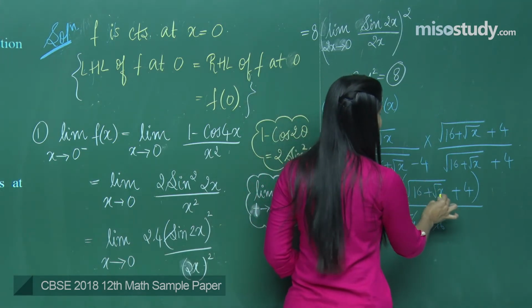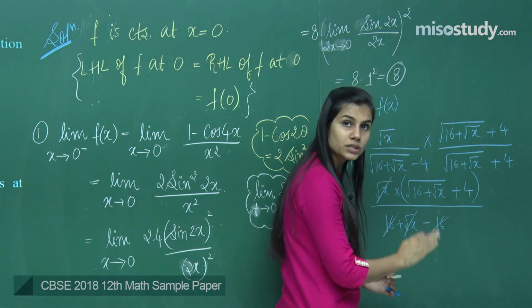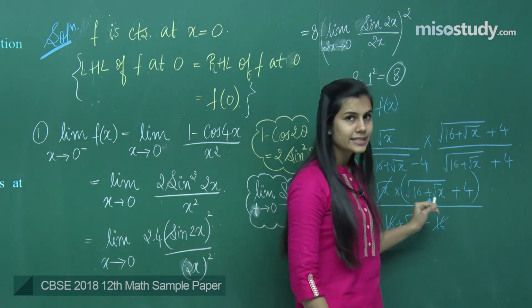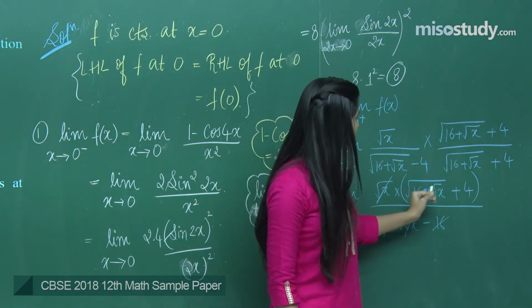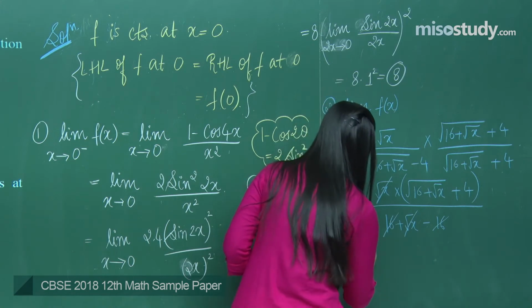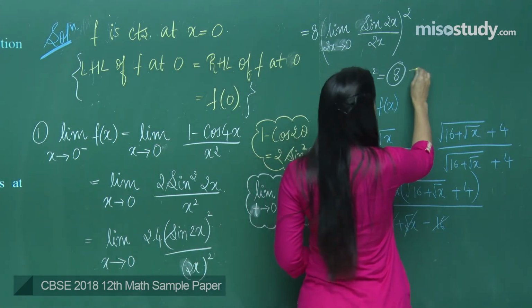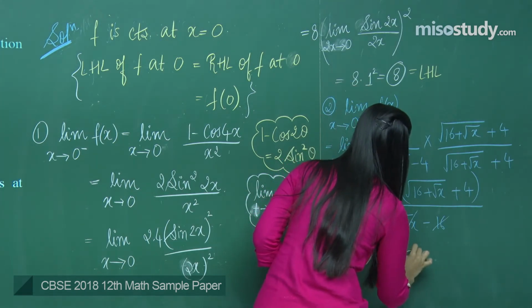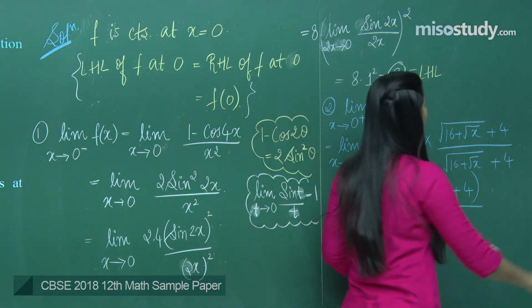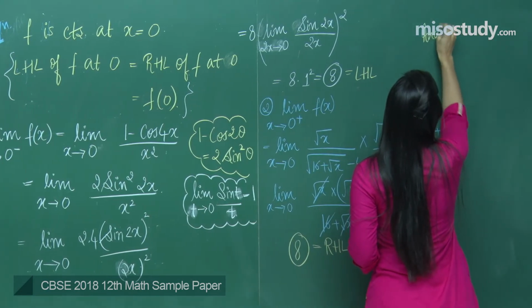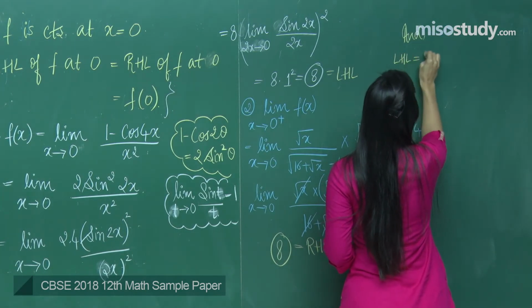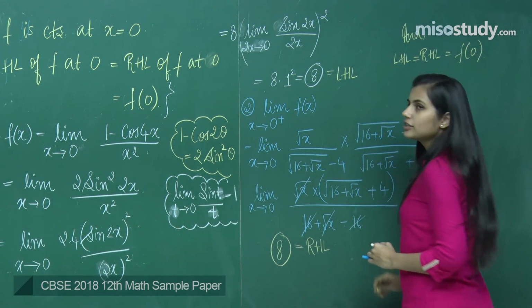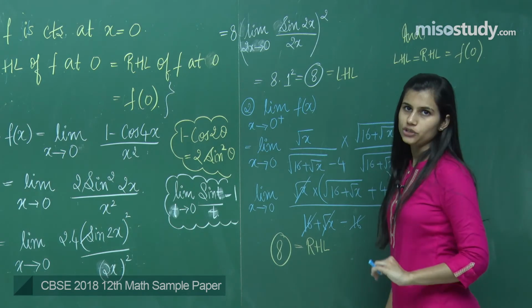You get root 16 plus 0, which just leaves you with root 16. And x is tending to 0 from the positive. So root 16 will give you positive 4. Positive 4 plus 4 gives you 8. And so your left hand limit and your right hand limit are equal to each other, which is equal to the value of the function at 0 if the function is continuous at 0.